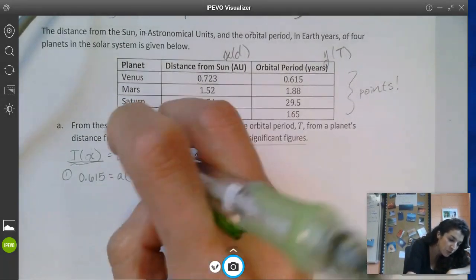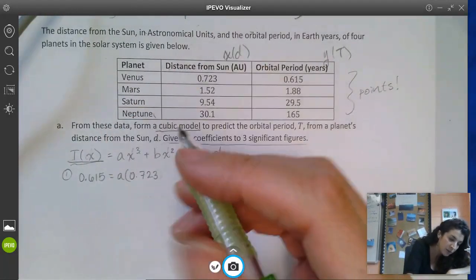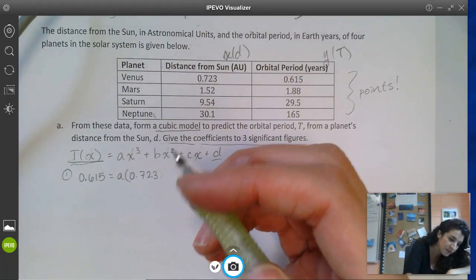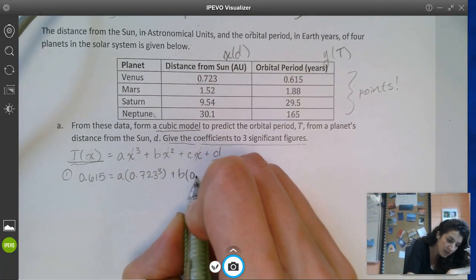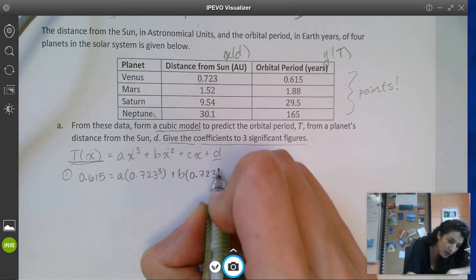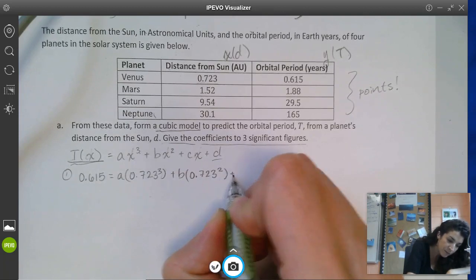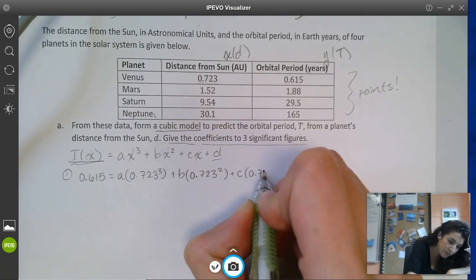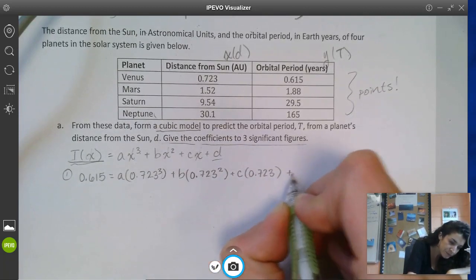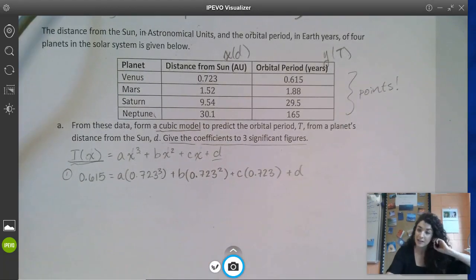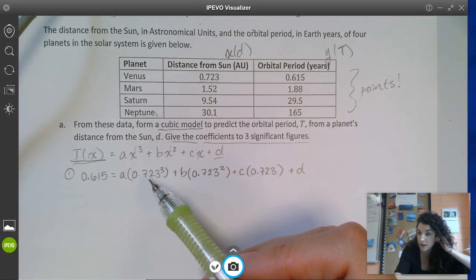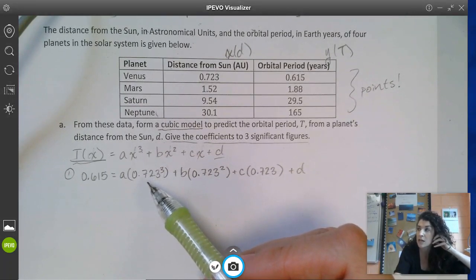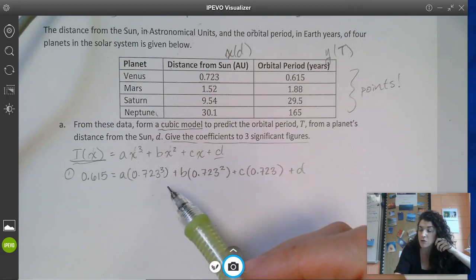You can even put that cubed inside of the parentheses. And you do the same thing with this guy, except for now it's squared. And you can leave it like that. You don't have to figure out what that is cubed because you're going to have to type this all into your calculator, we know, using our system of equations. So don't expand it if you don't need to.